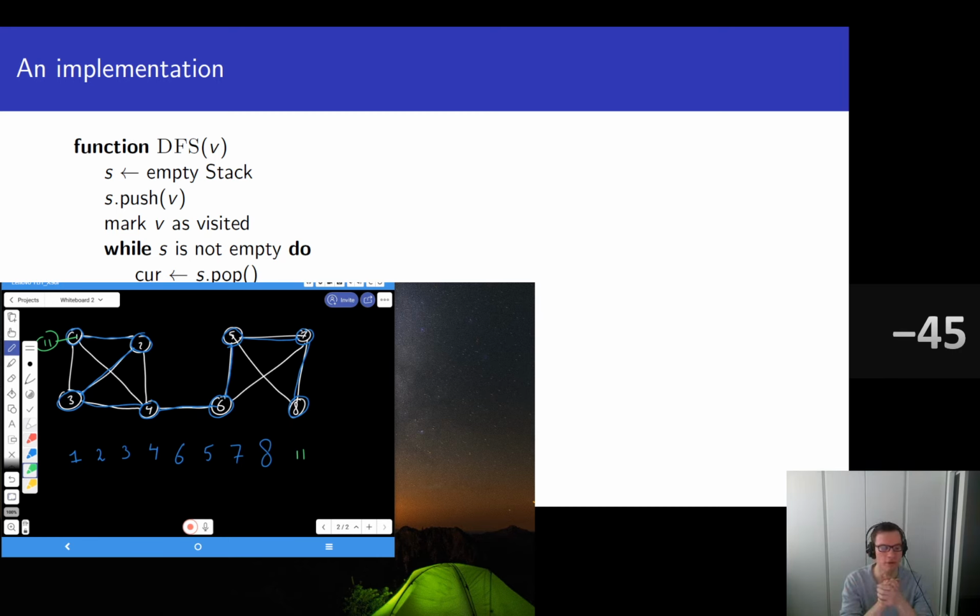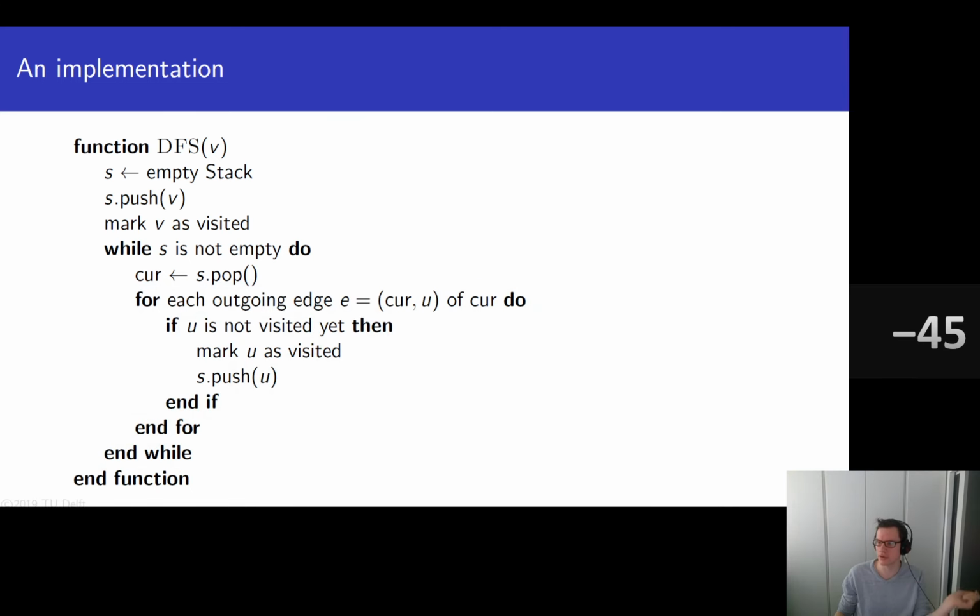If they are not visited, mark them as visited, add them to the stack, and we're done. So very quickly, what does that look like? Let me show you the code first. Get them off the stack, check all of its edges. If they're not visited, mark them as visited and push them on the stack.